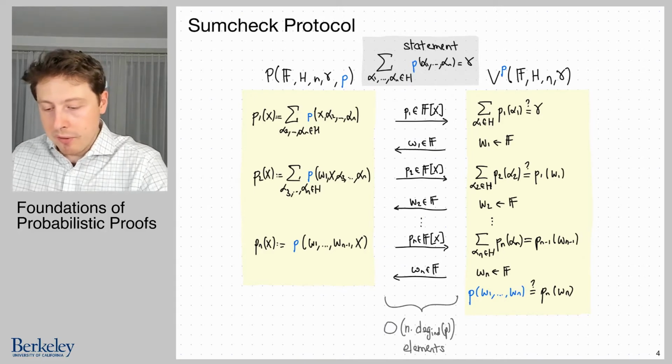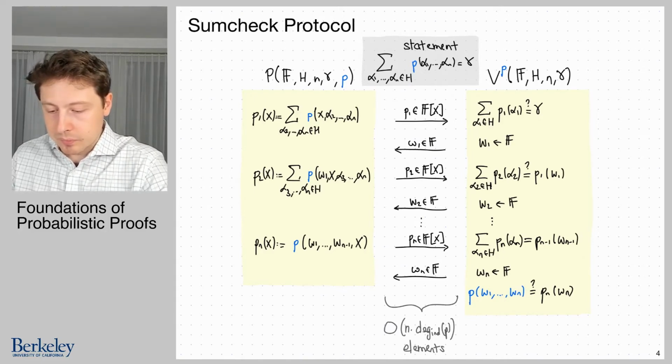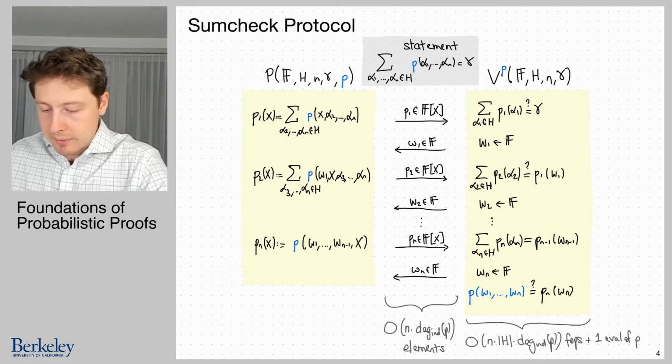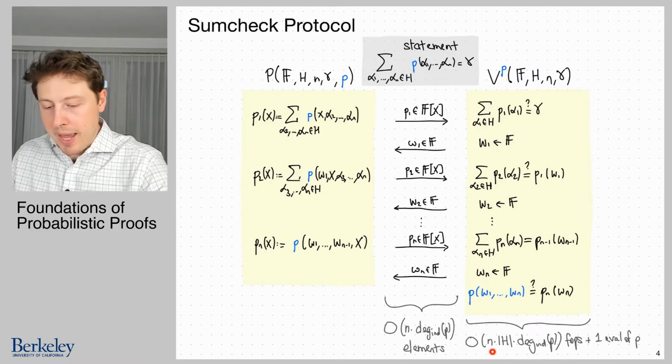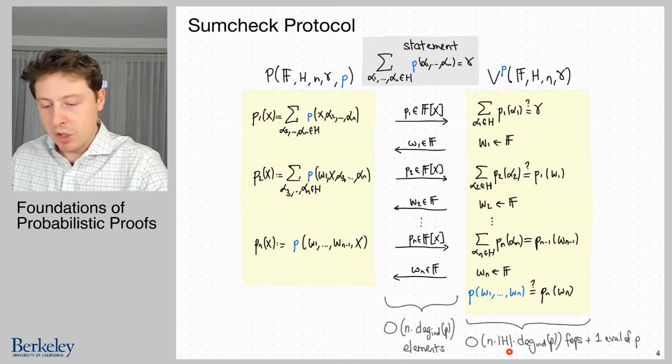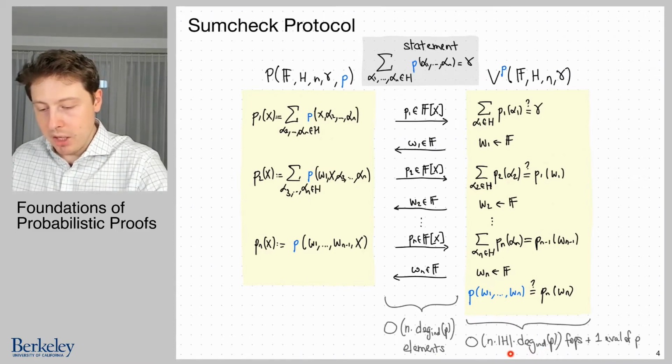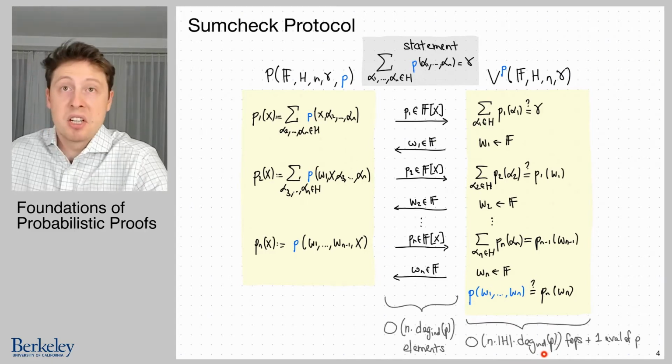Now, the work of the verifier is also small. It is doing n sums, 1, 2, up to n. Each sum involves summing the polynomial over h elements and evaluating it over each of these. So you're summing it over h locations, and each evaluation will cost you the degree of the polynomial.